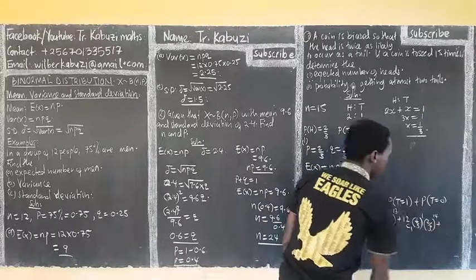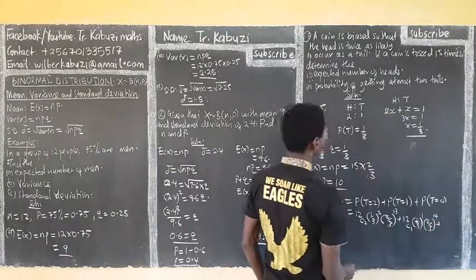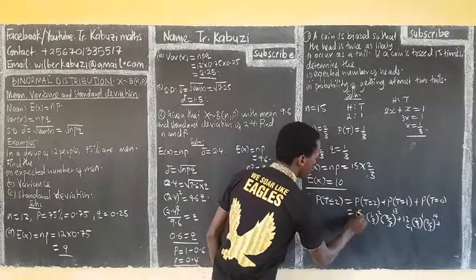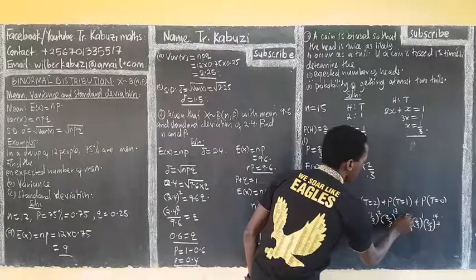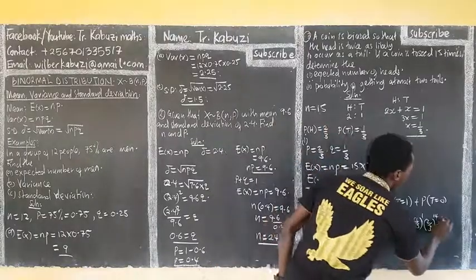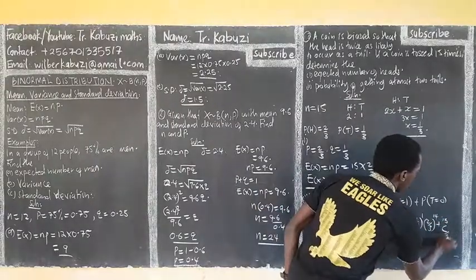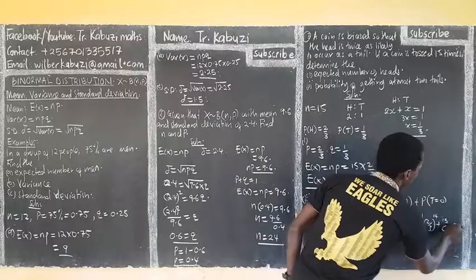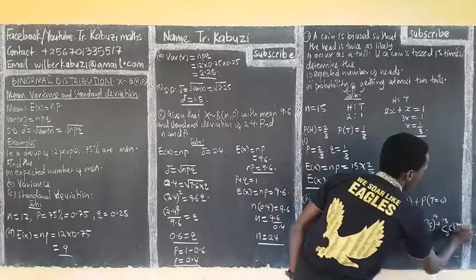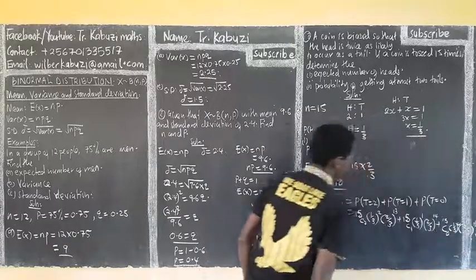Then plus 15 combination 0, a third to the power 0, times 2 over 3 to the power 15.